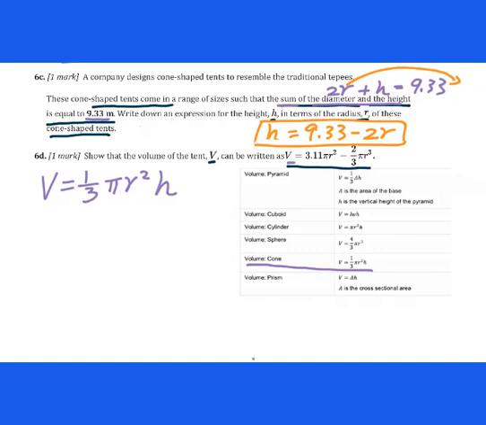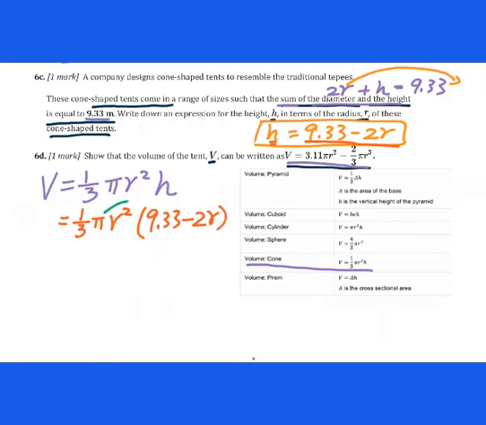From this formula, we know that there is no h, so we need to plug in 9.33 minus 2r to substitute this h. You will get 1/3 pi r squared times 9.33 minus 2r.